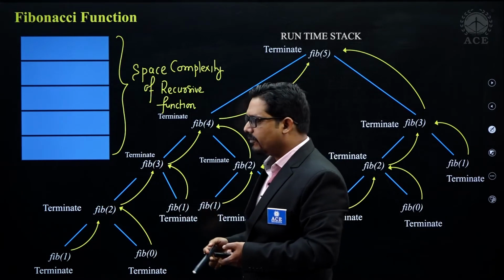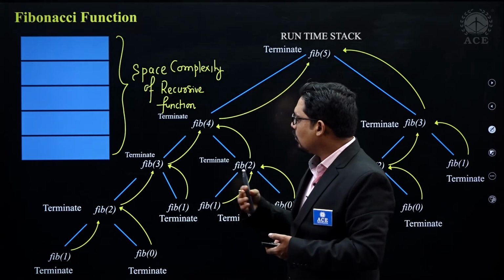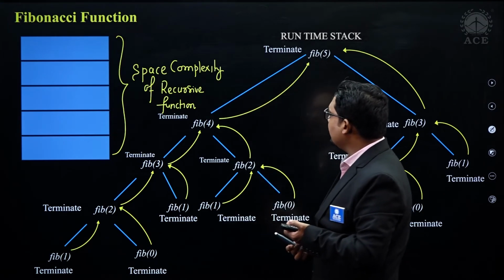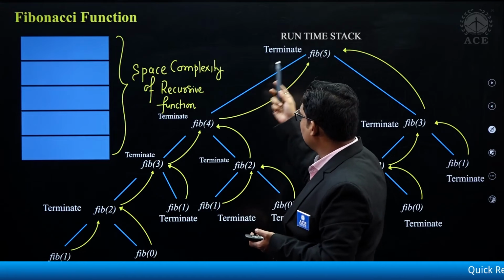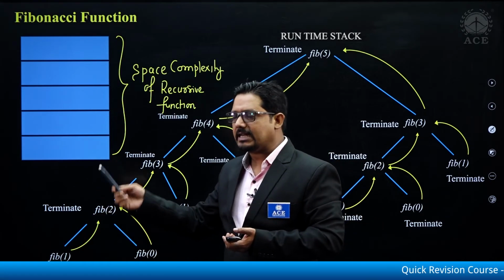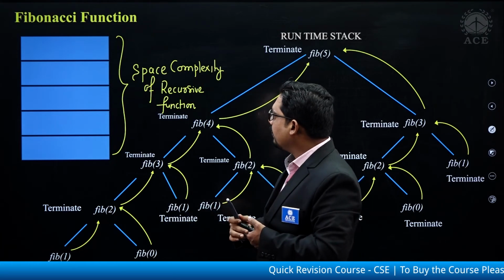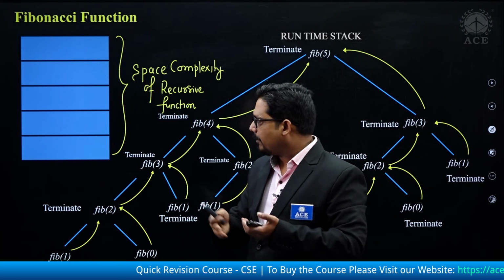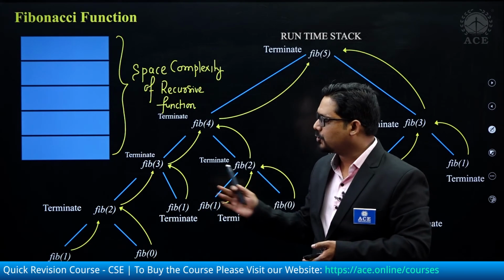So whenever you have a recursive function, you need to define the amount of space it is going to take. It will always be defined in terms of the depth of the recursion, that is 1, 2, 3, 4, 5. That is the maximum number of activation records that will be there. So that is the space complexity of a recursive function, apart from the variables that it has been using.